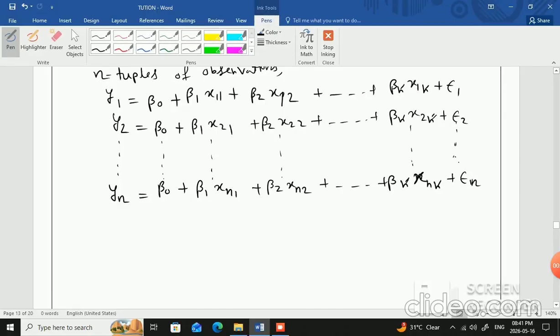Now we can write these n tuples of observation in matrix form.